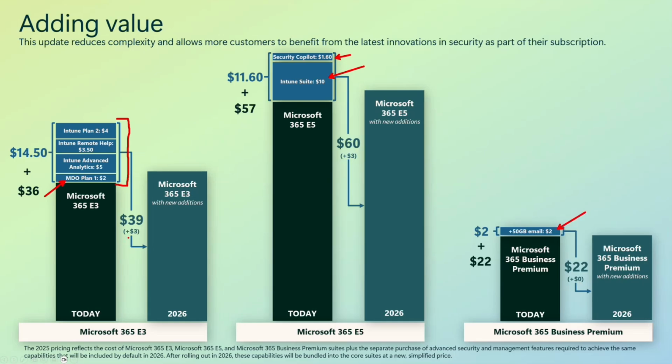The prices for these core suites increased by $3 for E3 and E5. What's important to notice is that these new capabilities will be added to these suites in July, regardless of whether you have renewed your license or not. But the price adjustment won't happen before your next renewal.